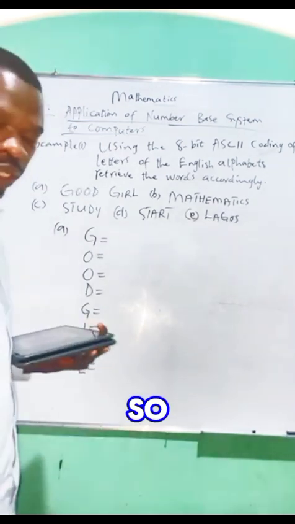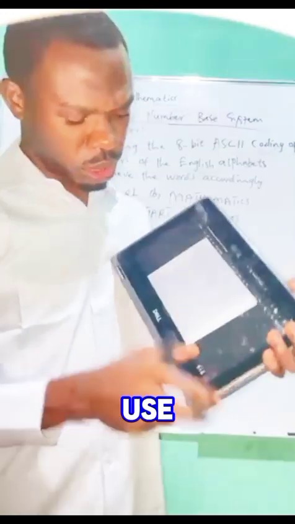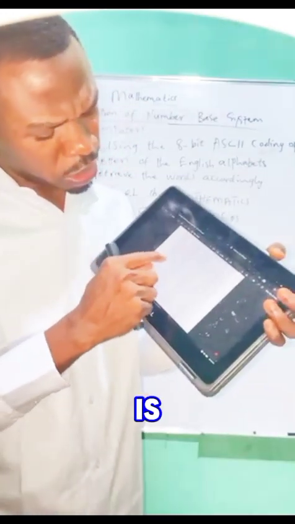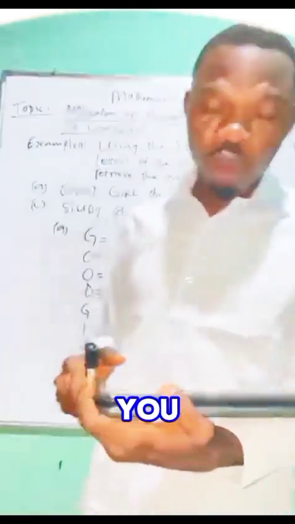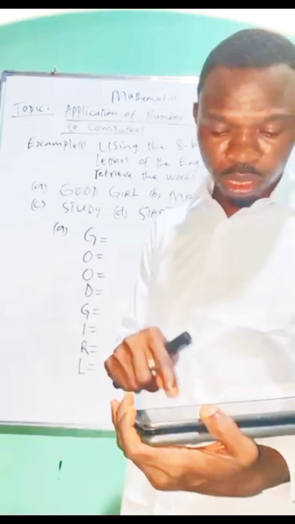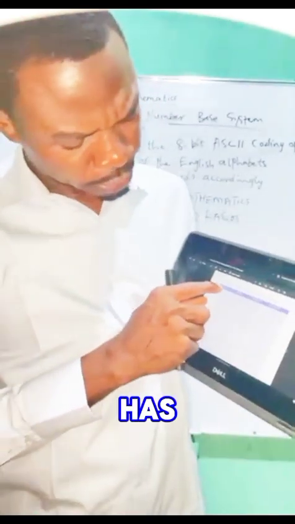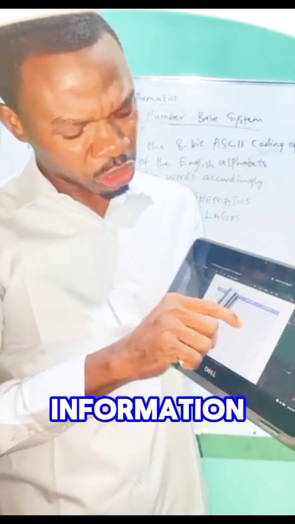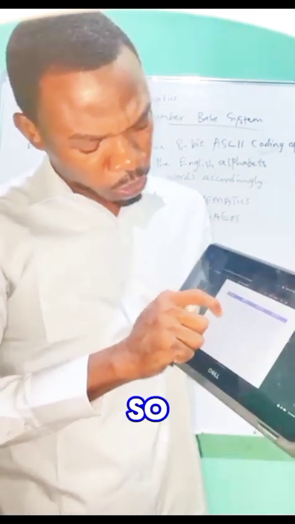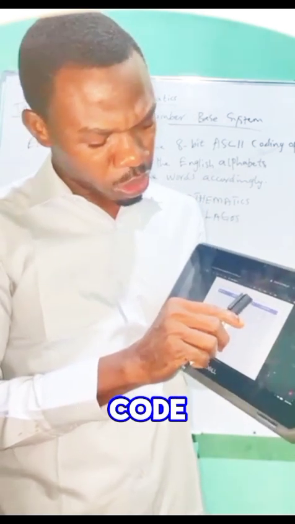So I want to retrieve these words as they are, and we are asked to use the 8-bit code. Our G is on the left hand side, so we look at the table. It has on the heading the extended binary code decimal information code, so an 8-bit American Standard Code Information Interchange.